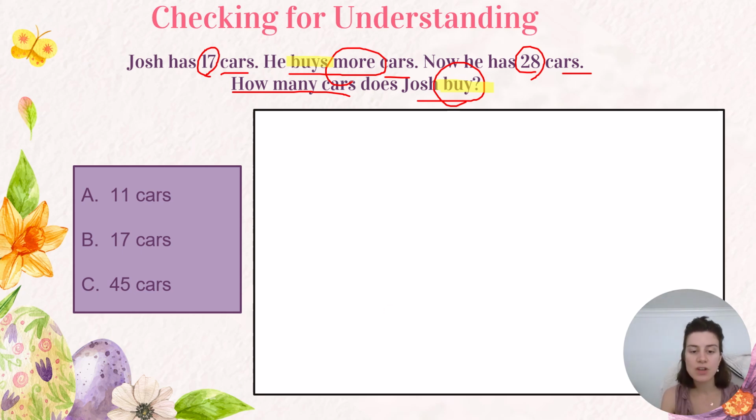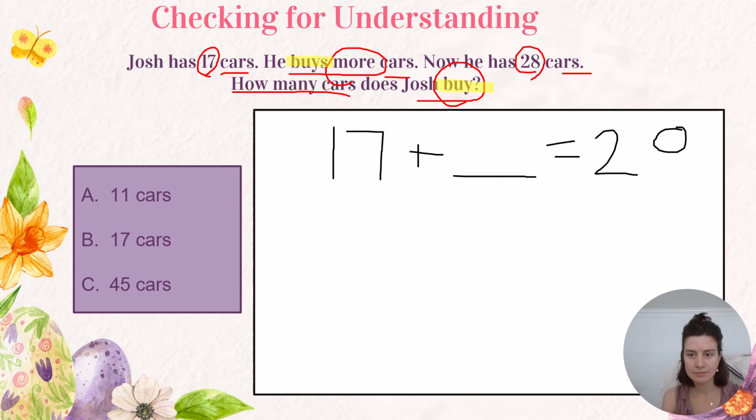Okay, so moving on to step 2, plan it. And partially still in step 1, understand it. If I were to write a number sentence with what I have, it would look like this. 17 plus blank equals 28. Now, I can also write this in a different way.